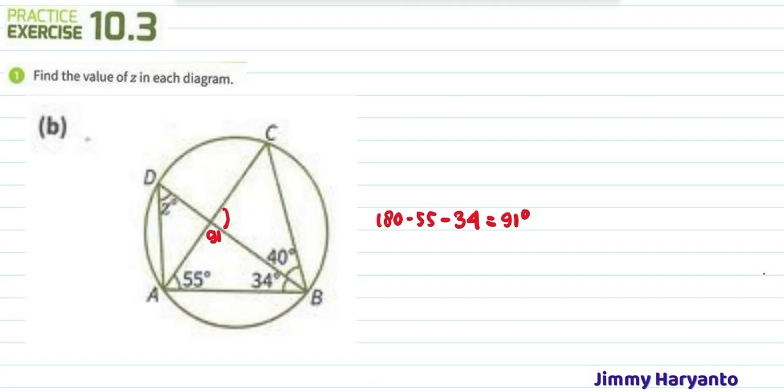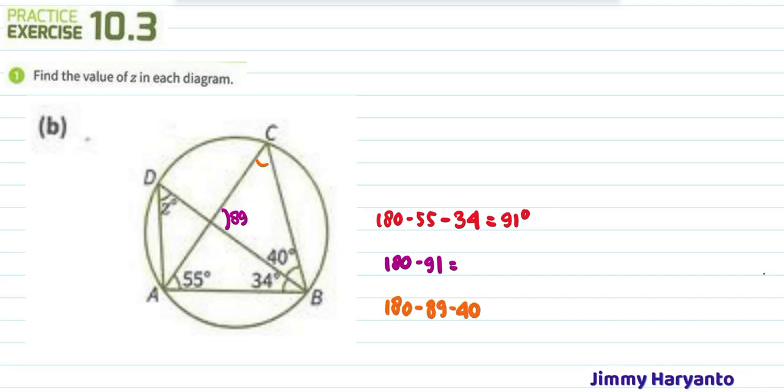Wait, let me use another color. So 180 minus 91, because it's a straight line, equals 89. And then I want you to find this one using the triangle. The triangle is 180 degrees. That means 180 degrees minus 89 minus 40 equals 51. This one is 51.